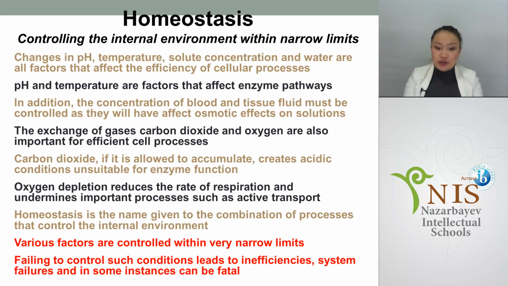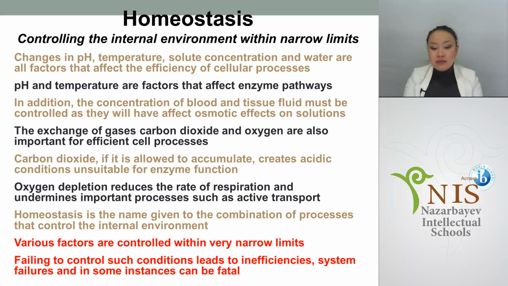The exchange of gases, carbon dioxide and oxygen, is also important for efficient cell processes. Carbon dioxide, if allowed to accumulate, creates acidic conditions unsuitable for enzyme function. Oxygen depletion reduces the rate of respiration and affects important processes such as active transport.